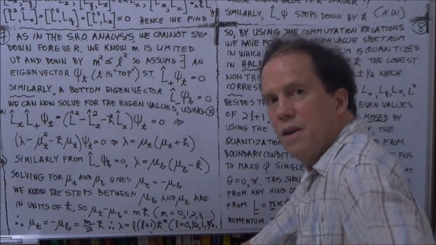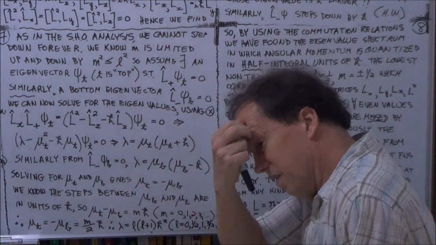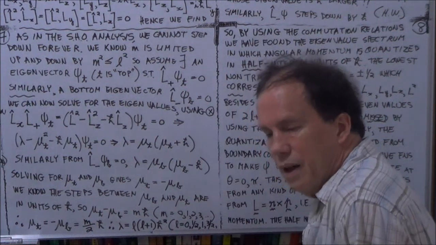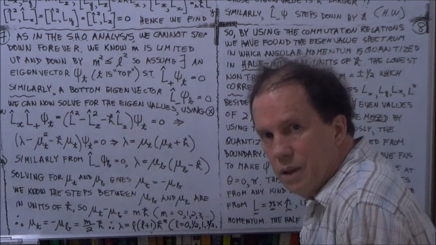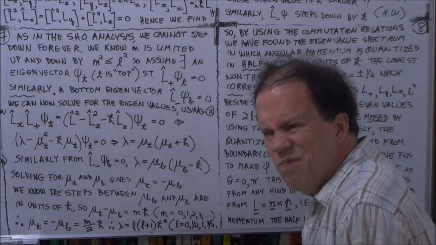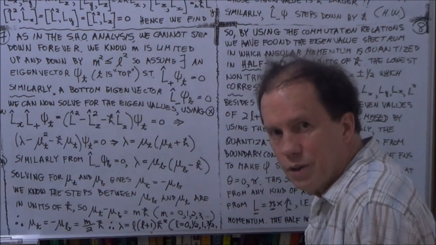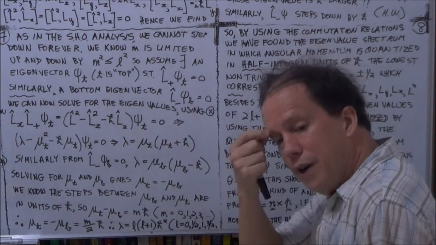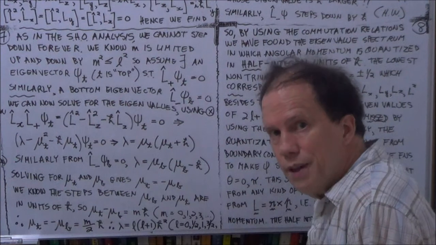Now, still using the step up, step down approach, analogous to what we did quite a bit earlier for the simple harmonic oscillator, the SHO. There's a limit to how far you can step up or step down.